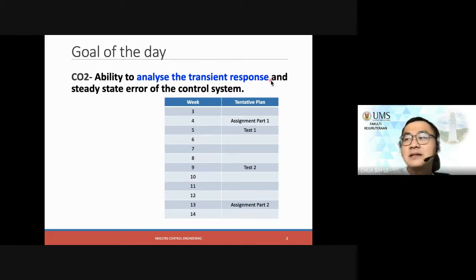But just a little bit of planning for this course. Currently we are at week number 3.